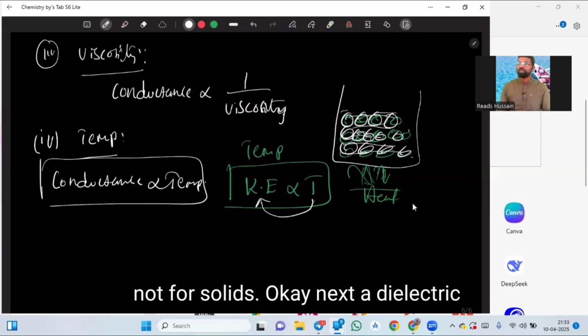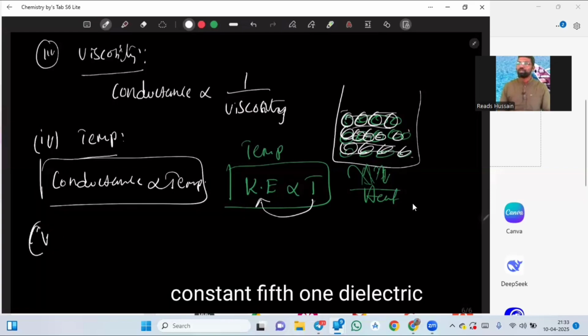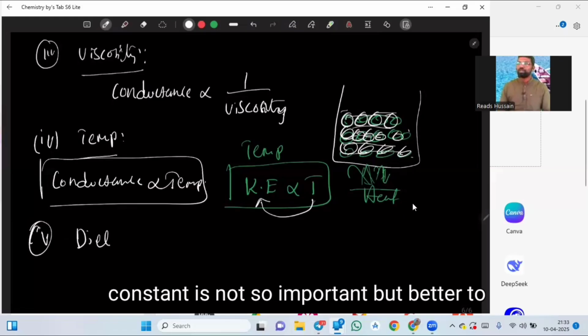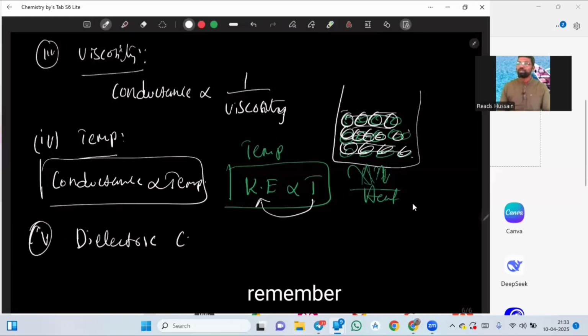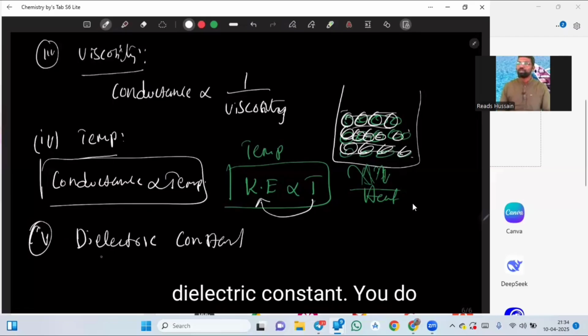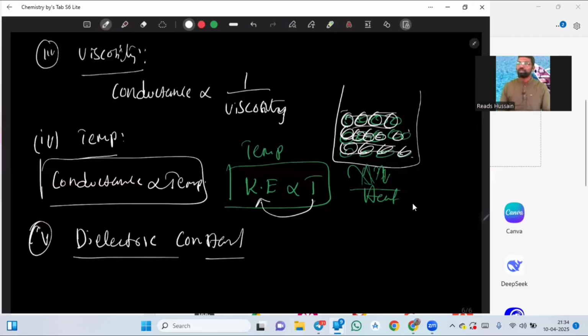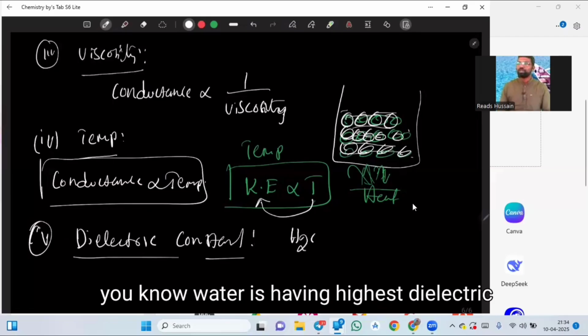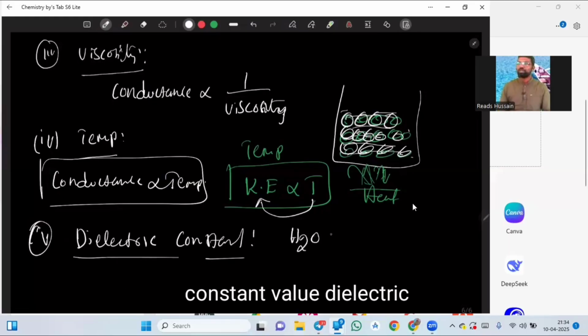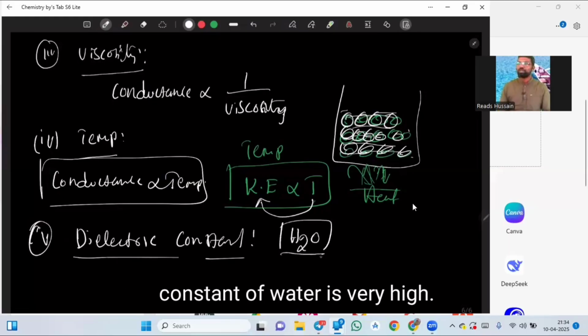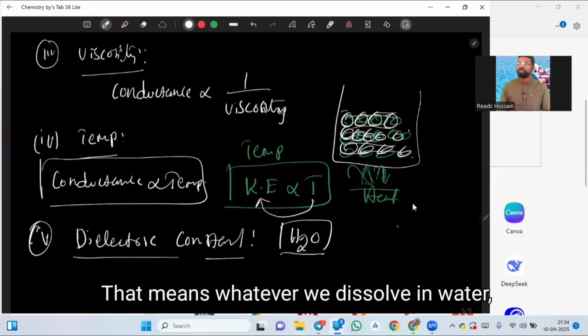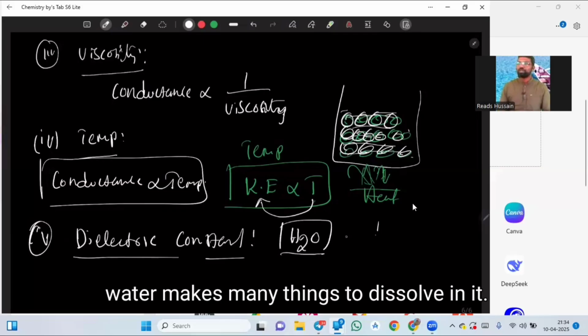Okay, next, the fifth one, dielectric constant. It's not so important, but better to remember. Do you know water has the highest dielectric constant value? That means water makes many things dissolve in it.